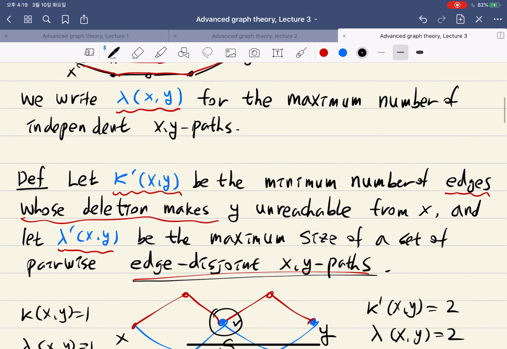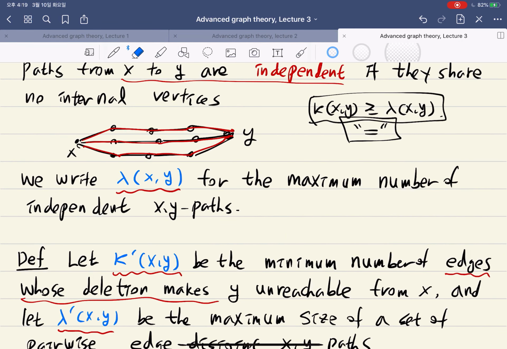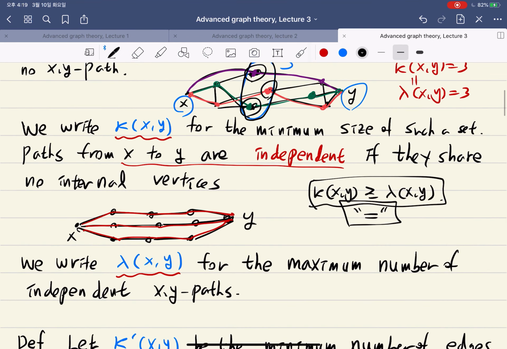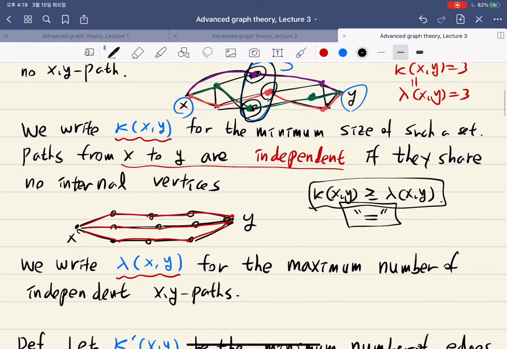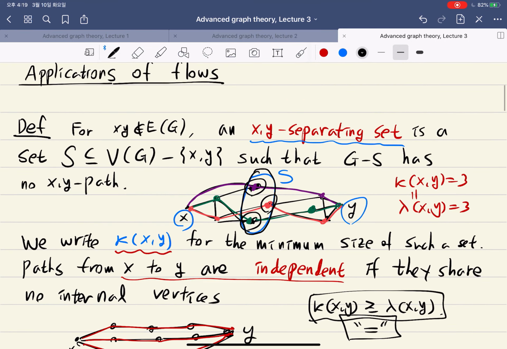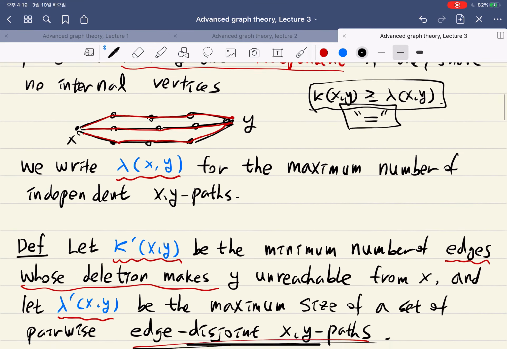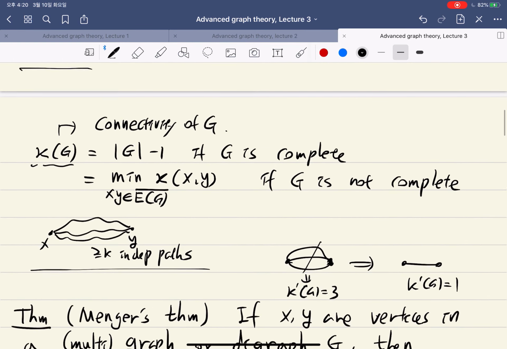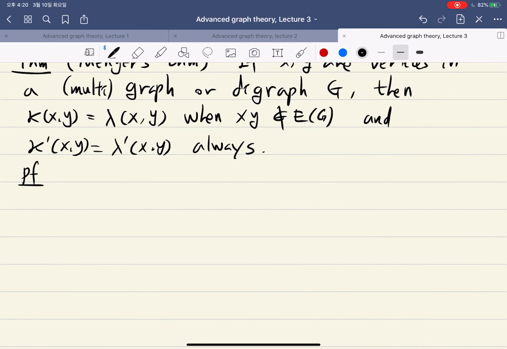So all the definitions above also work for the directed graph. For a directed graph, we define this path as a directed path. Then all this separating set, independent, all makes sense. So you can also define it in the same way.